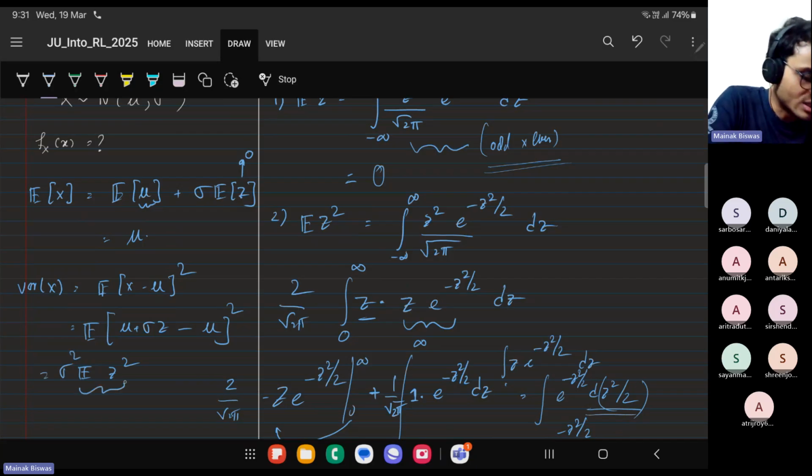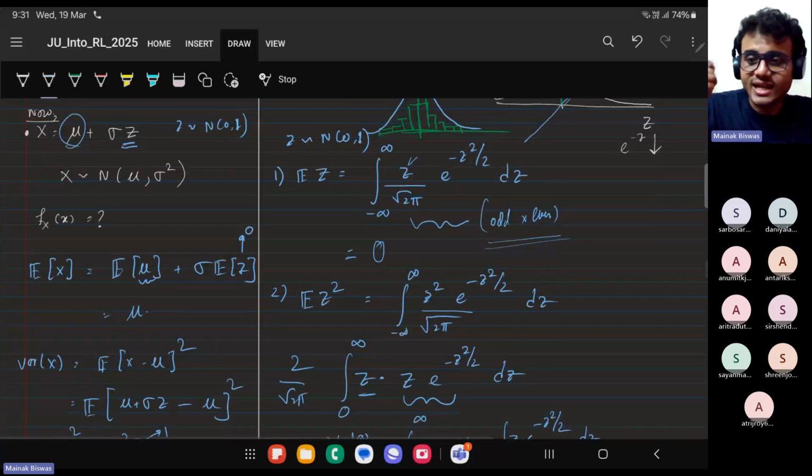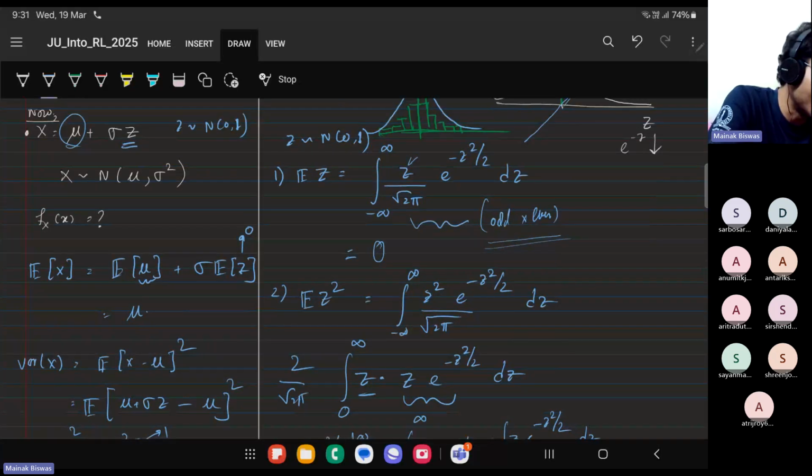What is the expected value of z square? It is equal to 1. So the variance is sigma square. So taking just a normal 0, 1 distribution, you can create a normal distribution with mean mu and variance sigma square, where sigma is the standard deviation.